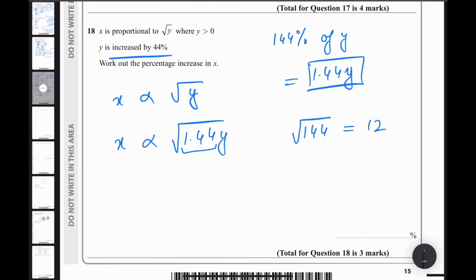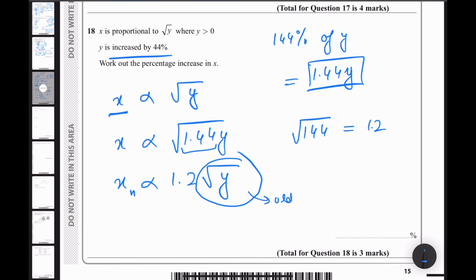So it will be like x is proportional to 1.2 times square root of y. So this was basically our old x, and that's our new x.